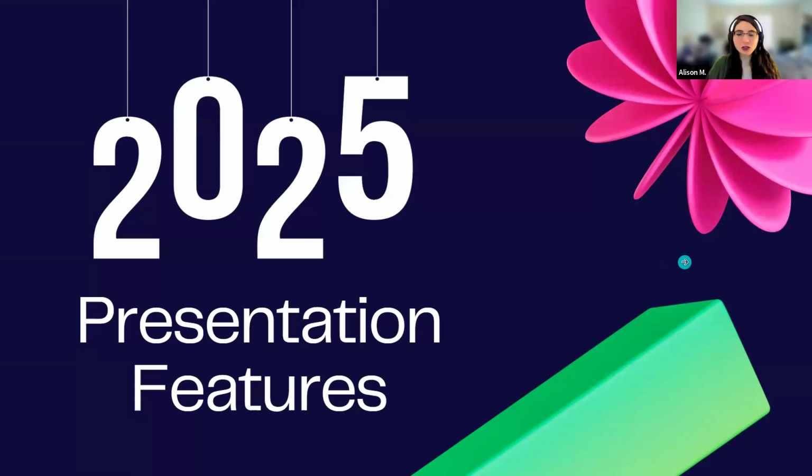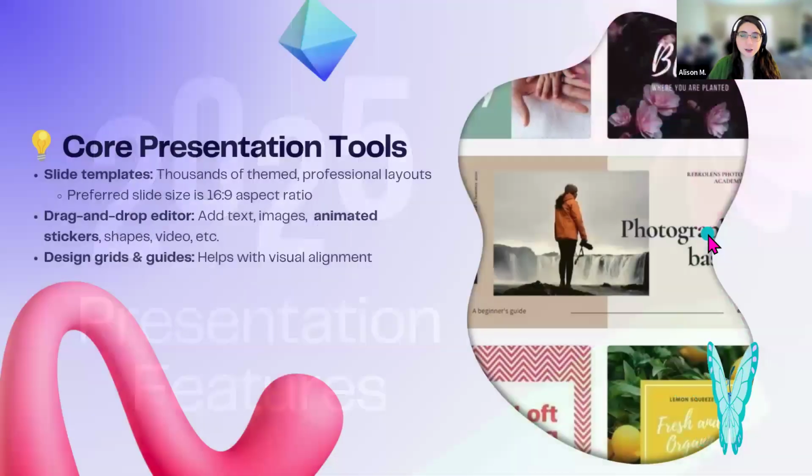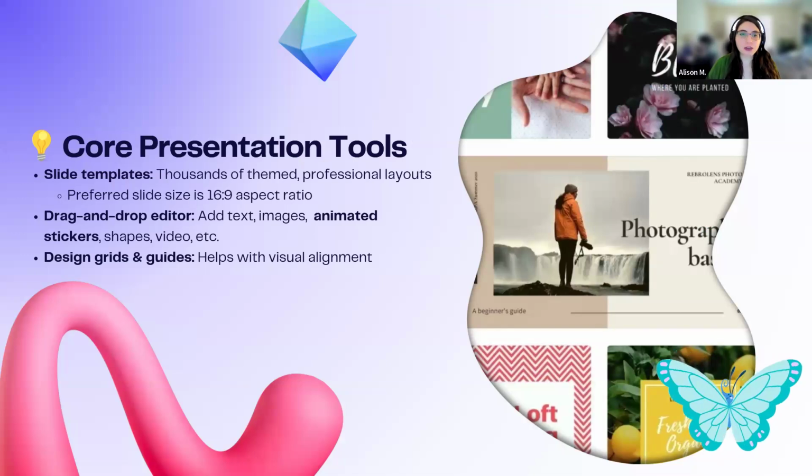All right, so 2025 presentation features. Let's talk about all of the presentation features that Canva has added. So first off, the core presentation tools. Canva has the slide template, which is extremely useful.